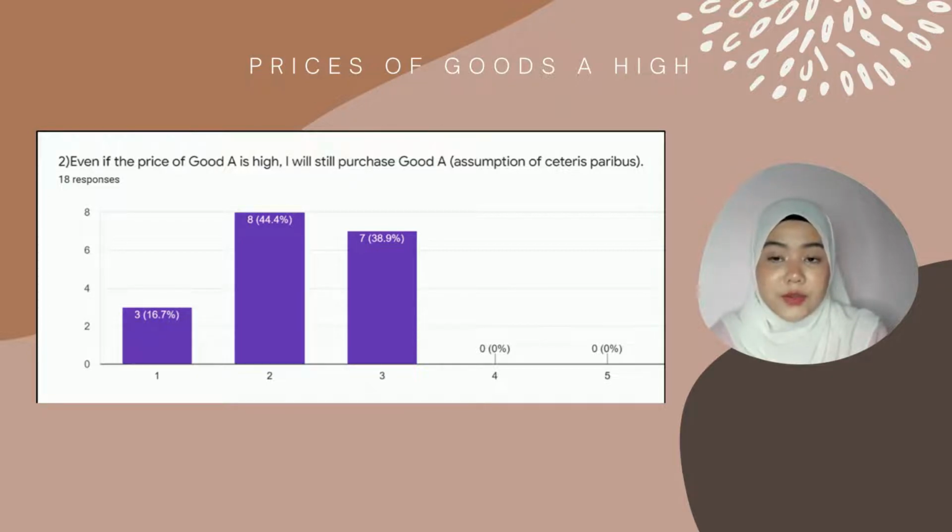According to the graph shown, the second highest mark is moderate, with 7 respondents, equivalent to 38.9%. And the highest is disagree, where the number of respondents is 8 people, or equivalent to 44.4%. In conclusion, most of the respondents chose not to agree for a variety of specific reasons.